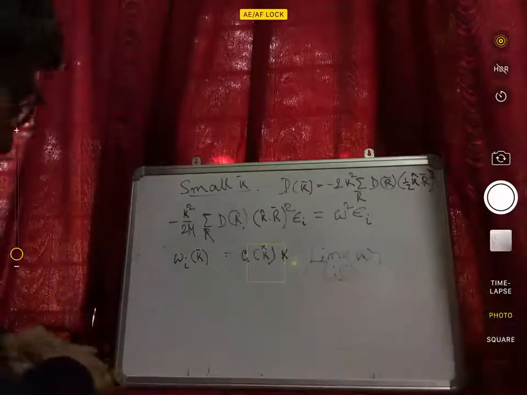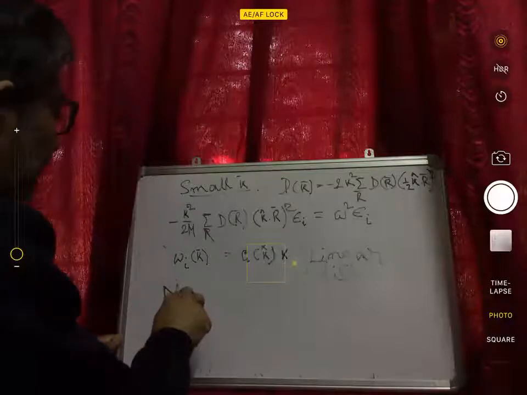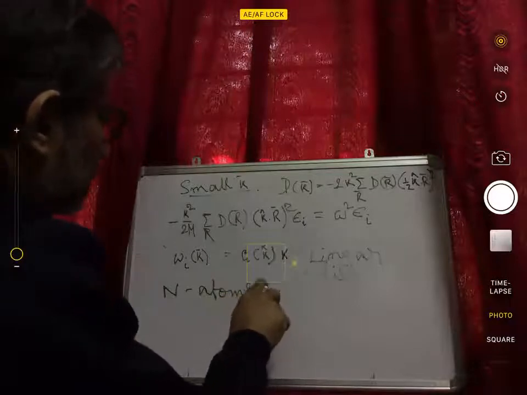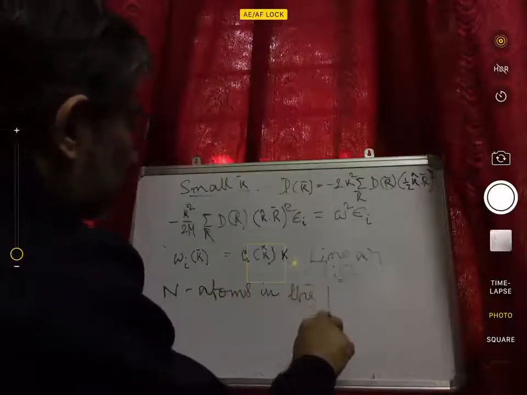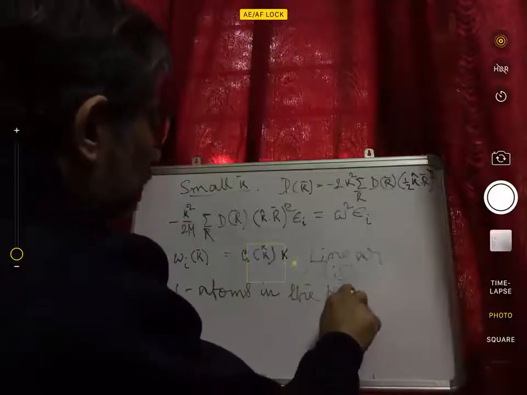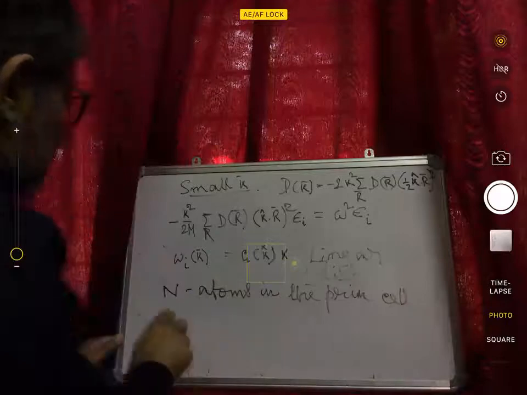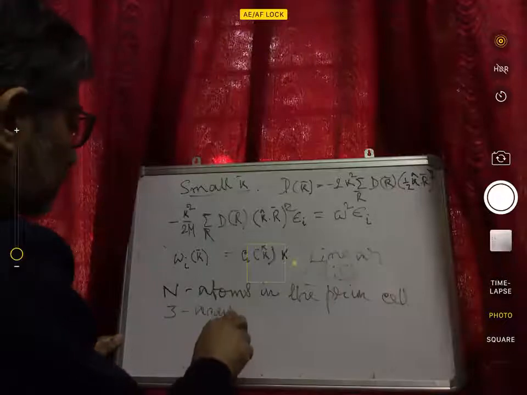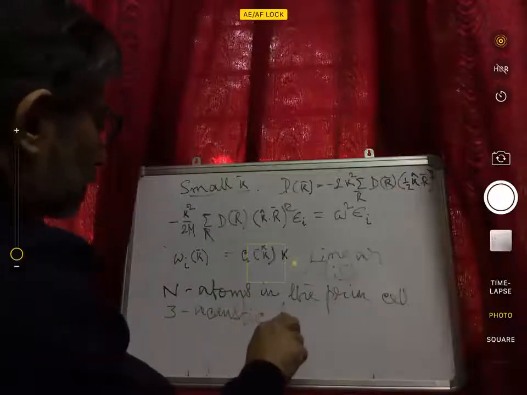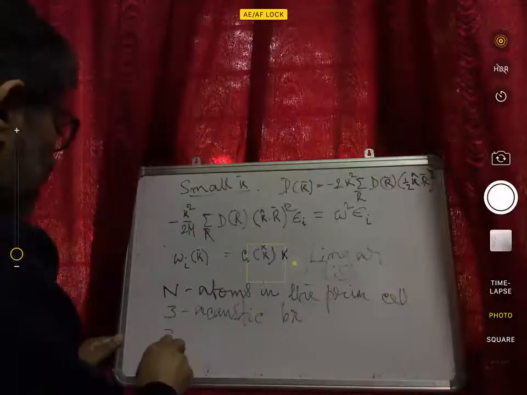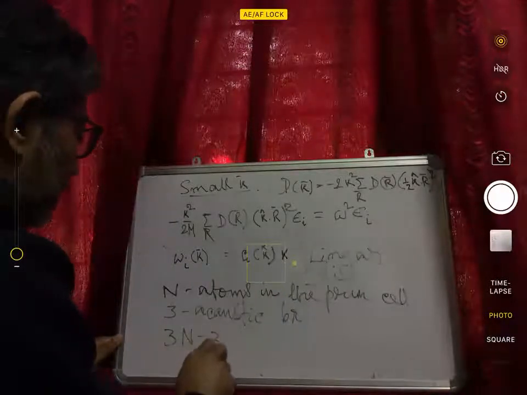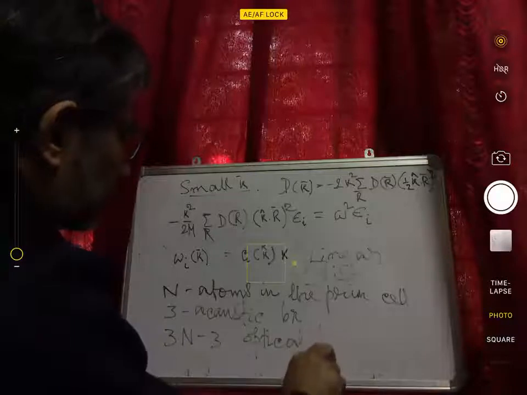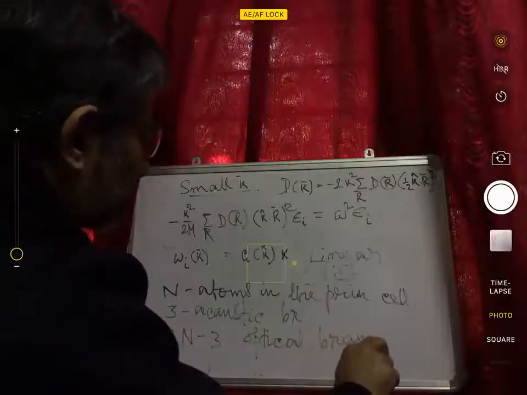So if there are n atoms in the primitive cell, you will have 3 acoustic branches and 3n minus 3 optical branches.